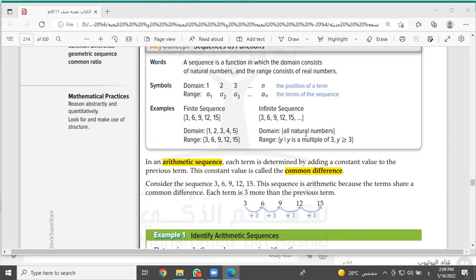But the domain of the infinite sequence is all natural numbers. The range of the finite sequence starts with 3, then 6, then 9, then 12, then 15. But the range in the infinite sequence is y equals 3 or more.